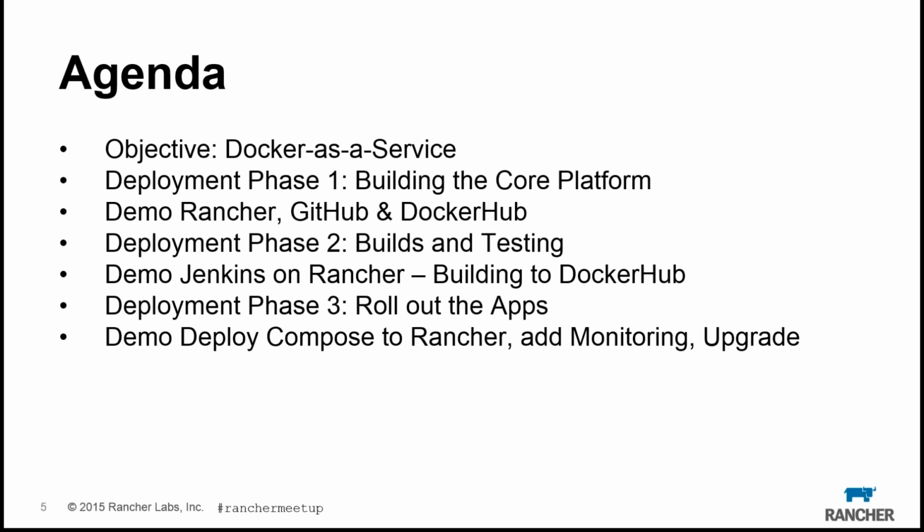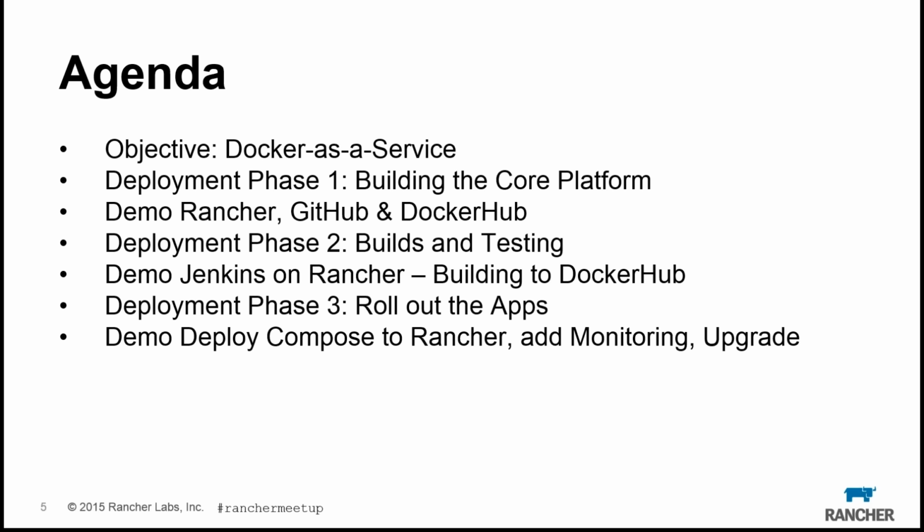Then I'll walk through 3 different phases. The first phase being building the core platform. The second phase being how to do builds and testing of software using the platform once we get it in place. The third being how to actually roll out the apps. And then Darren's going to be, in each of these stages, actually setting this stuff up. In the beginning, he'll demo how to deploy the core platform.